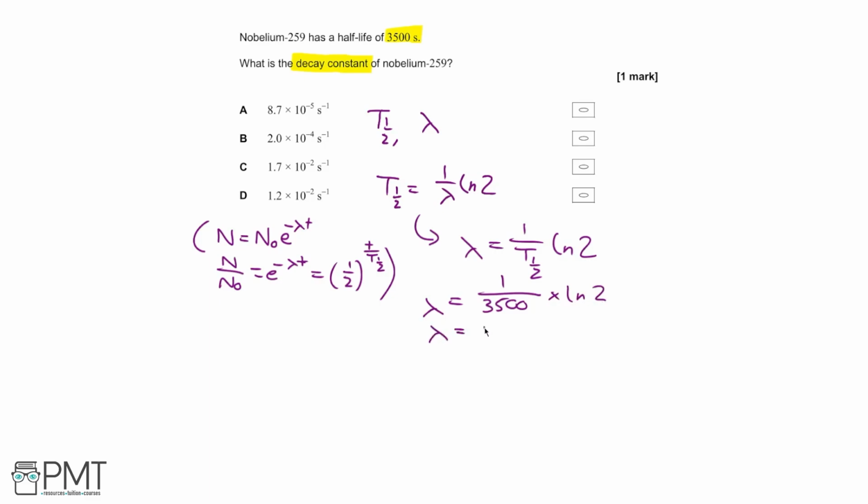This gives us lambda is equal to 1.980... times 10 to the minus 4, and this is in units per second. Therefore, this is approximately 2.0 times 10 to the minus 4 per second to two significant figures. Therefore, our answer is B.